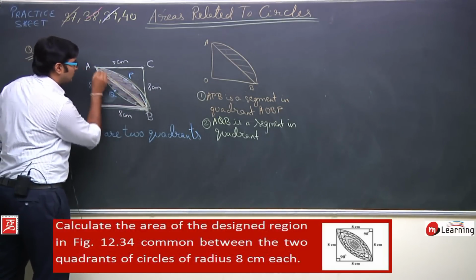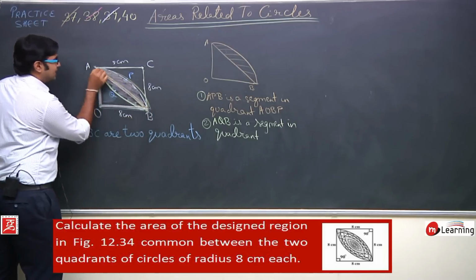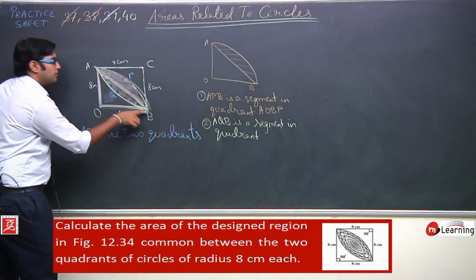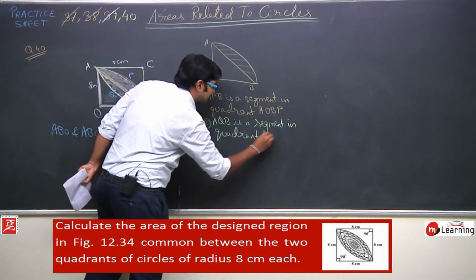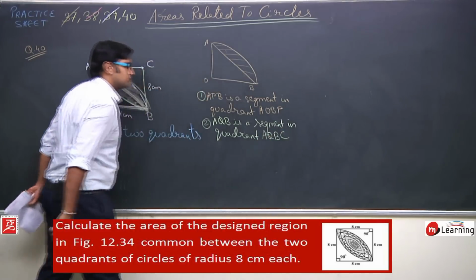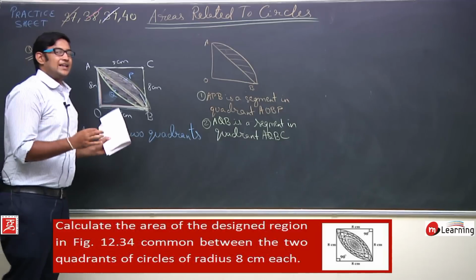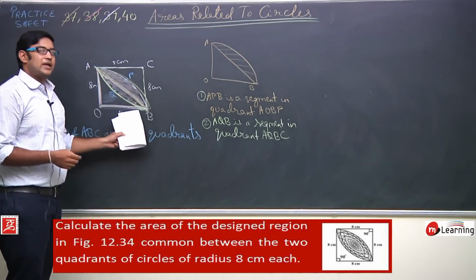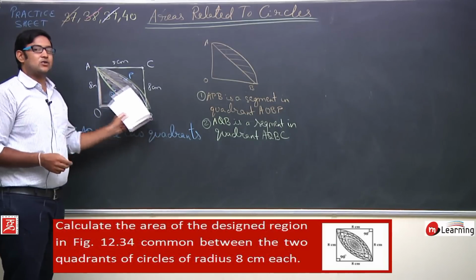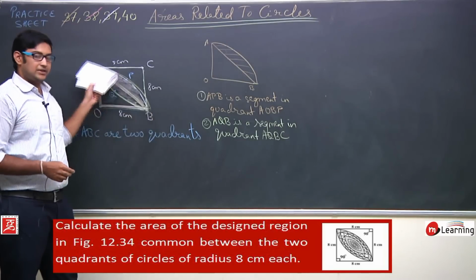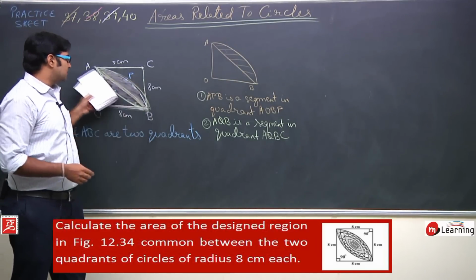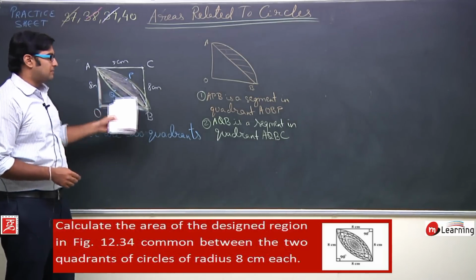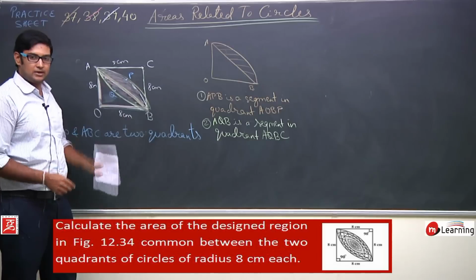This AQB segment lies in the quadrant AQBC. Try to analyze, try to understand the concept. I am saying AQB, this segment lies in the quadrant AQBC, and APB, this segment lies in the quadrant APBO, or AOBP.